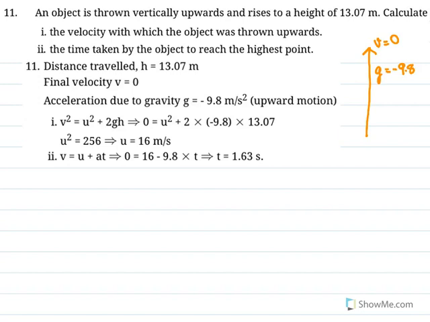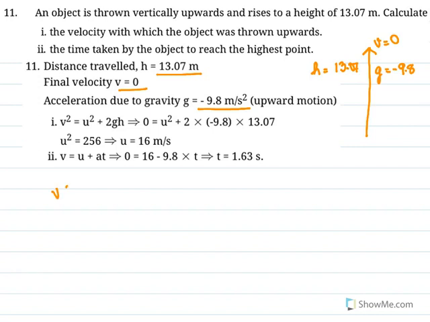It's retardation that takes place. So the distance traveled, this is the height, is 13.07 meters, the final velocity is 0, the acceleration is minus 9.8 meter per second square.